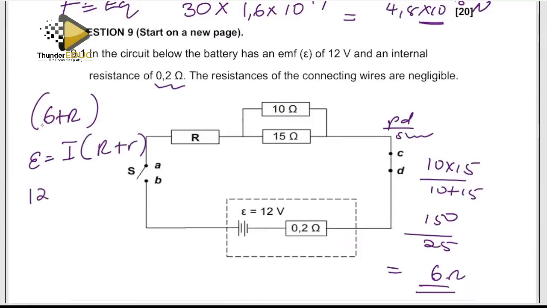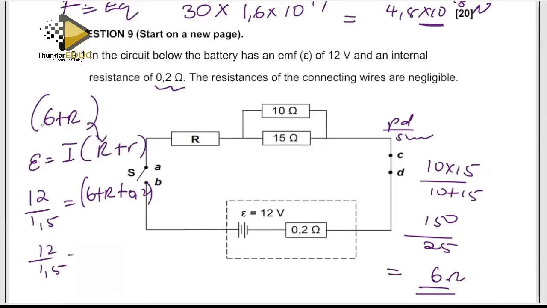The current we found is 1,5, so I'll divide by 1,5. It's giving me the effective resistance of the external, 6 plus R. The internal is 0,2. Then 12 over 1,5 minus the 6,2 should give me R.